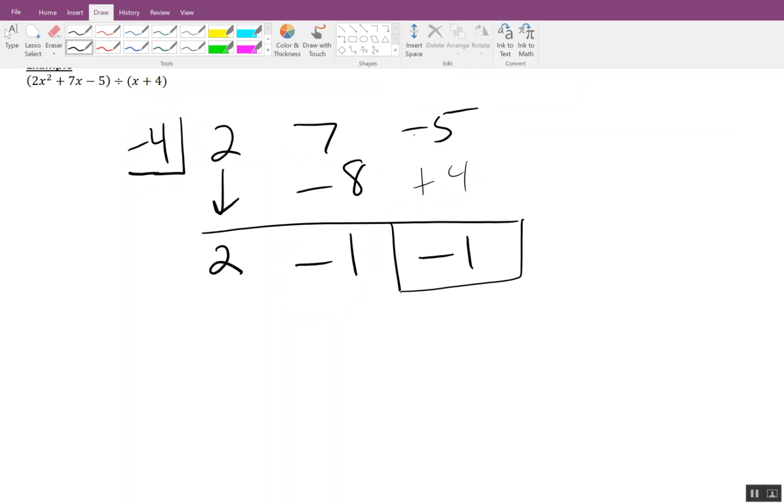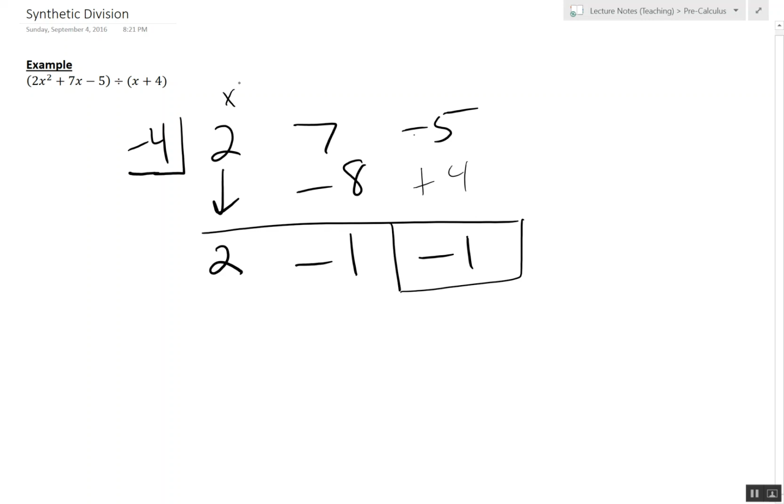So notice that the numbers at the top represented x squared, x, and constant. Well, down here at the bottom, this is going to be represented by x. This is going to be the constant term, and then this is going to be the remainder.